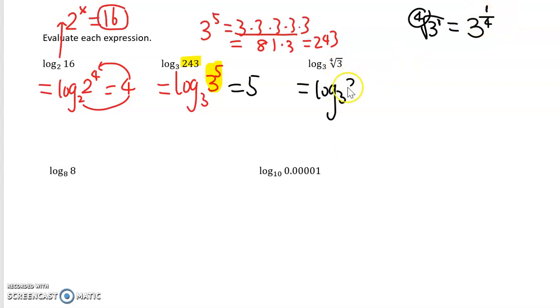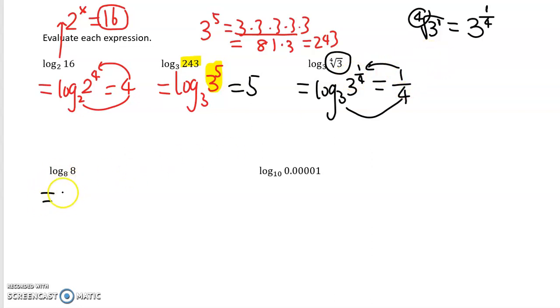So we can rewrite the 4th root of 3 as 3 to the 1/4. So the answer will be 1/4. Again, the logarithm is looking for the exponent with the same base. So 3 to the 1/4 equals 3 to the 1/4. In other words, the 4th root of 3 is 3 raised to 1/4.